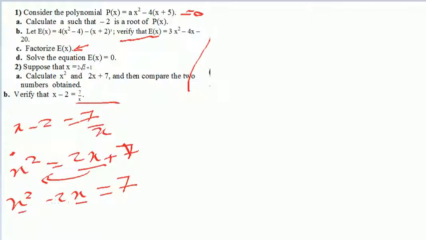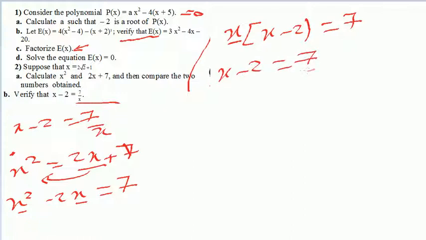I will take x as a common factor. So x into x minus 2 is equal to 7. Now I will divide by x here and here, provided that x is different from 0. X minus 2 is equal to 7 over x. This is the general method.